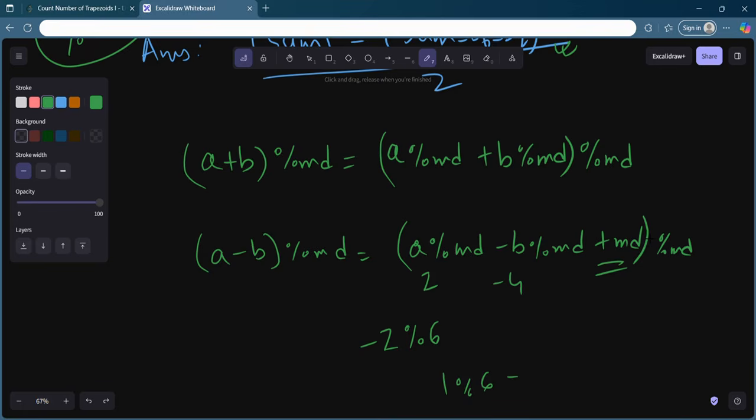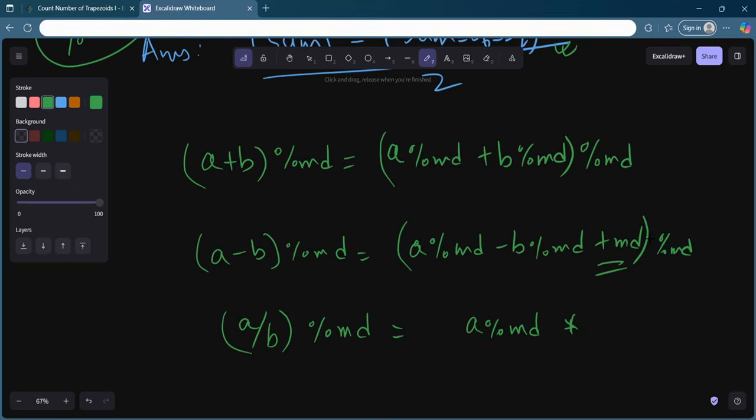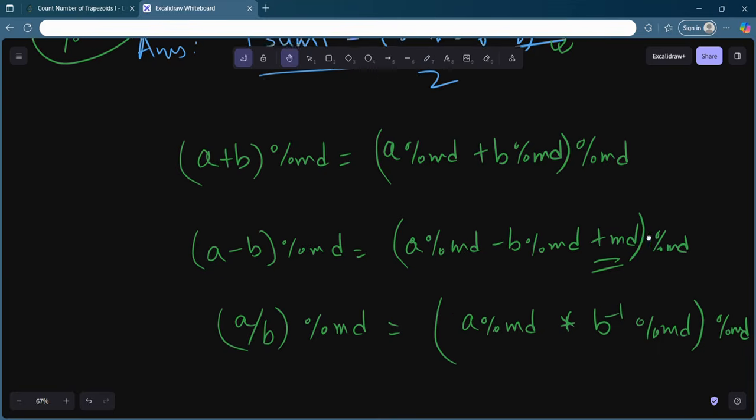And if you talk of a divided by b mod, there is a whole different story about that. We will learn it in this video only. What you have to do is a modulo mod multiplied by b inverse modulo, whole modulo. You might be thinking, how do we calculate b inverse mod?